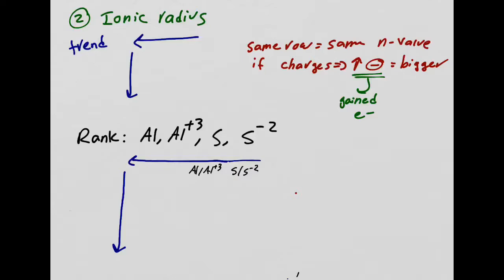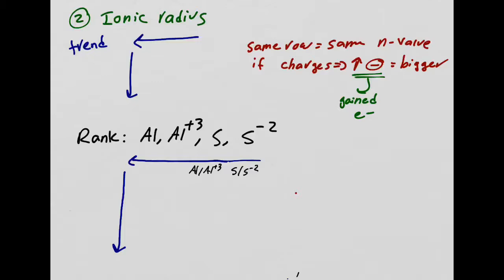If you're on the same row, that means you have the same n value, right? Now, I said this is what changes for ionic radius. If you're in the same row, then charges actually matter. That means the more negative you are, you gain more electrons, so you are larger.